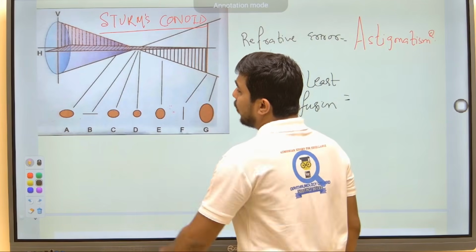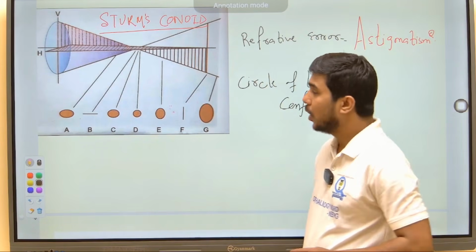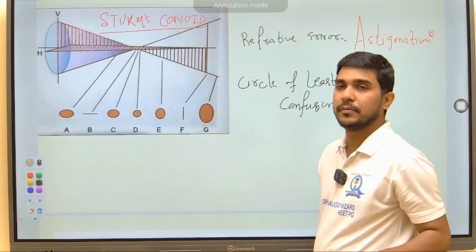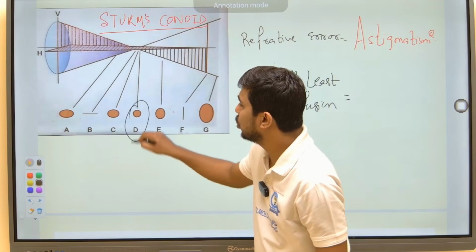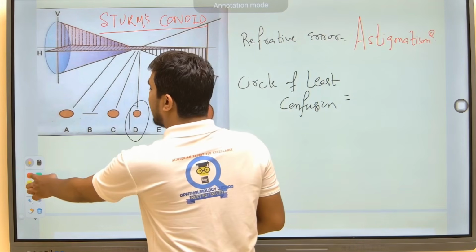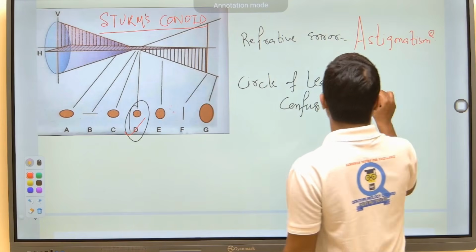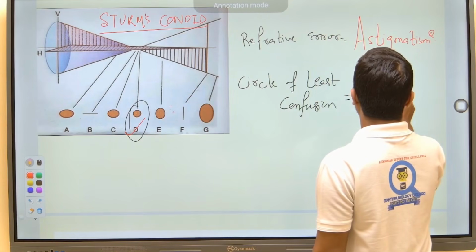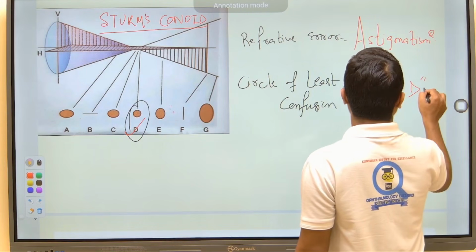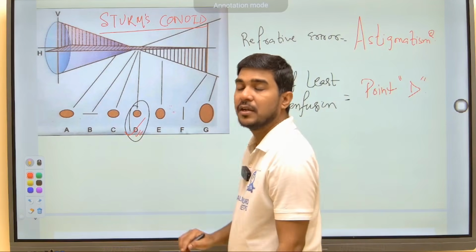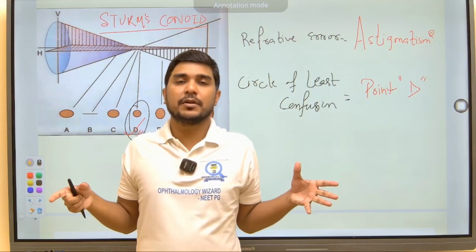Now you have to choose among A, B, C, D, E, F. Which is most circular? This point is the most circular. So our answer will be point D. This point will be the circle of least confusion.